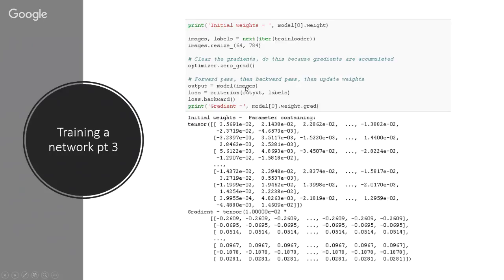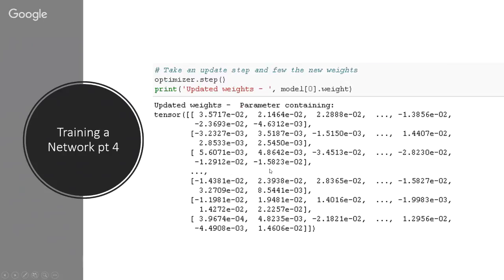The output of the model, given the images, goes in as an argument for the loss, and then the loss does a backward pass, and as you can see, the gradients have changed. Now we take an update step and view the new weights. So, for example, here, updated weights, we do a step.